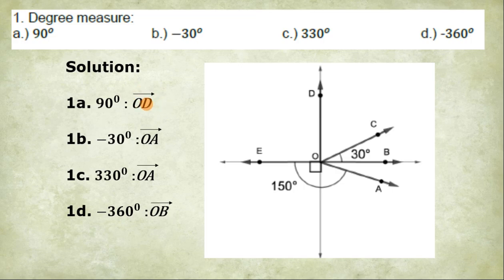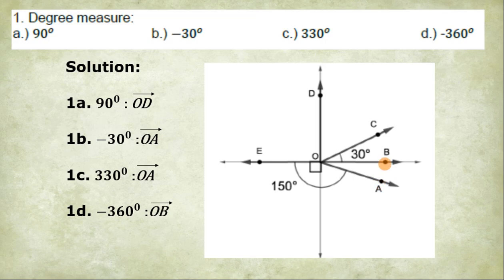For letter B, we have negative 30 degrees. So for a negative angle, from the initial side OB, we have to move clockwise to have a negative angle. So here, we have negative 30. It's actually ray OA, the terminal side. Why? How do we know that this is just 30 degrees?